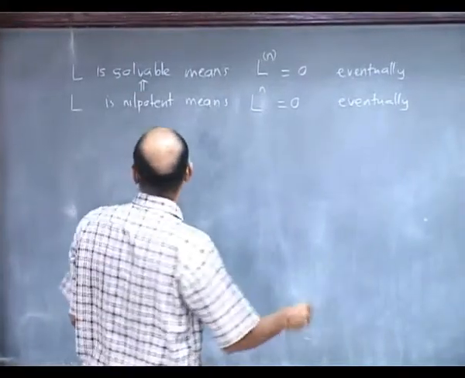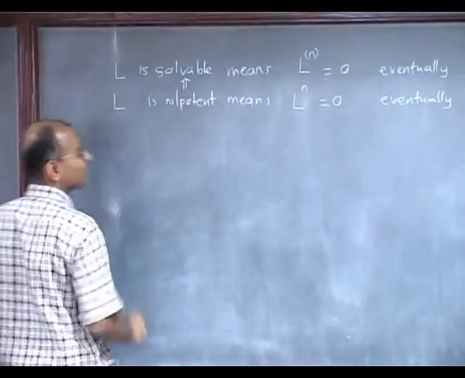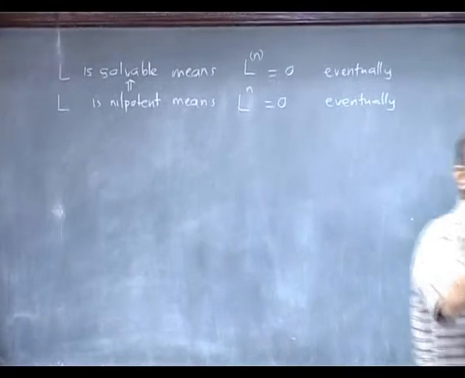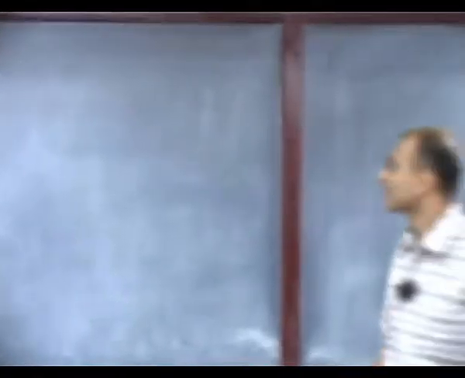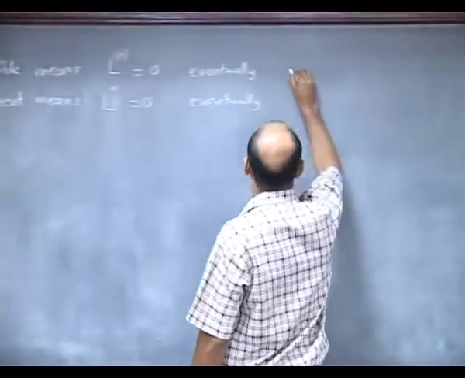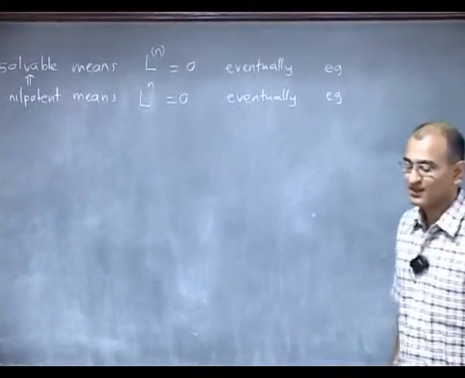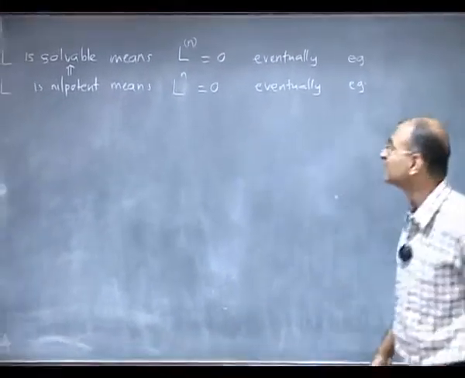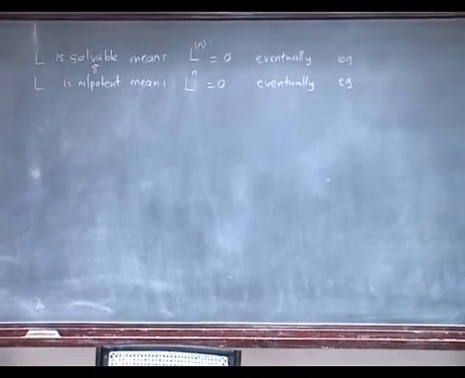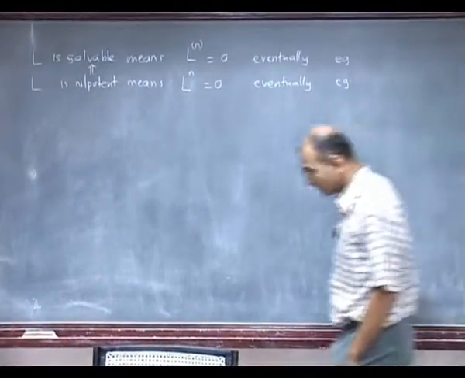So, examples. Certainly the trivial examples are abelian Lie algebras are like this, but more typical examples.